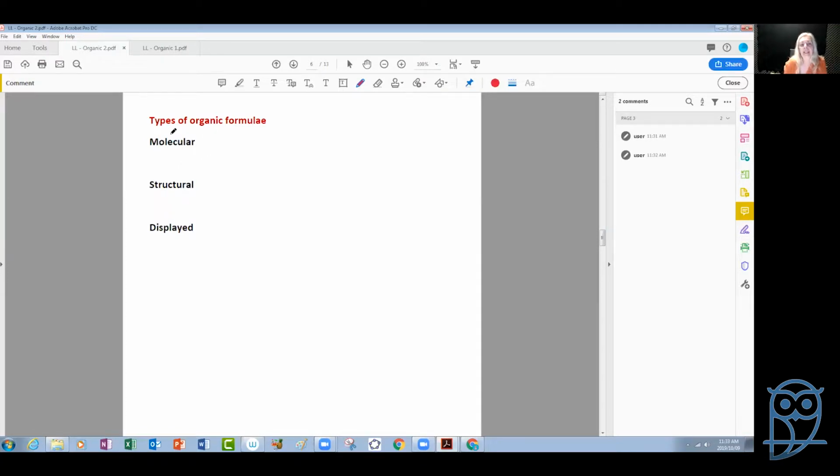The three types of organic formula we are going to discuss are the molecular formula, which we spoke about already, then the structural formula, and then the displayed formula. These last two formulas we are going to meet very often, and in fact we're going to use them the most, because they give us an idea of how the molecule looks. It helps us to understand how it will behave and how to name it, of course.